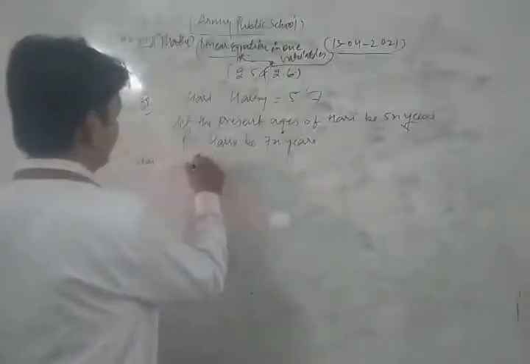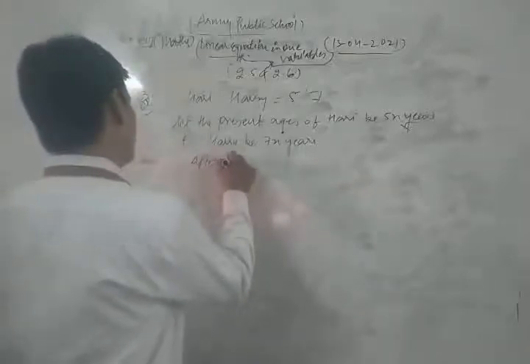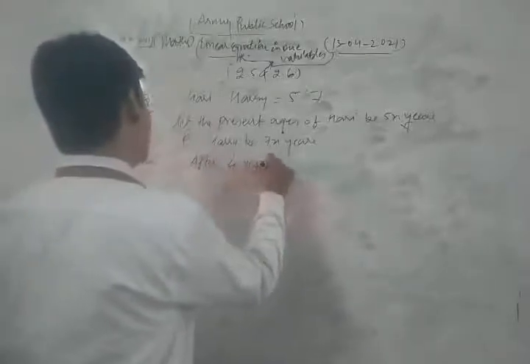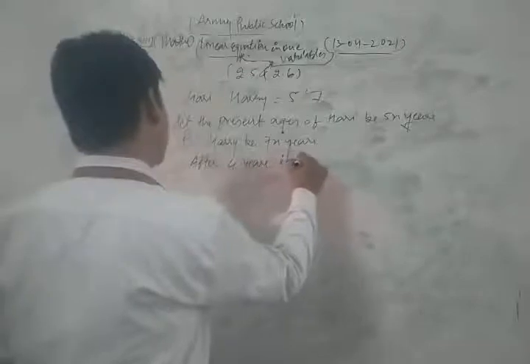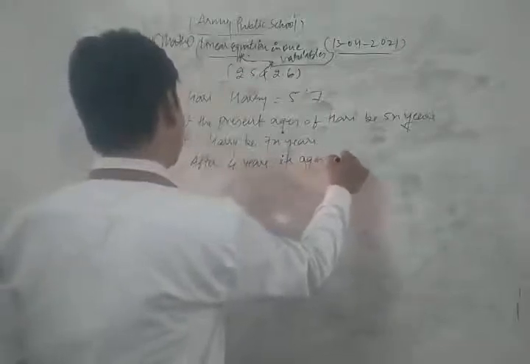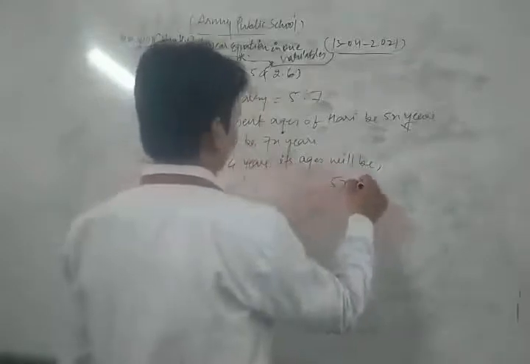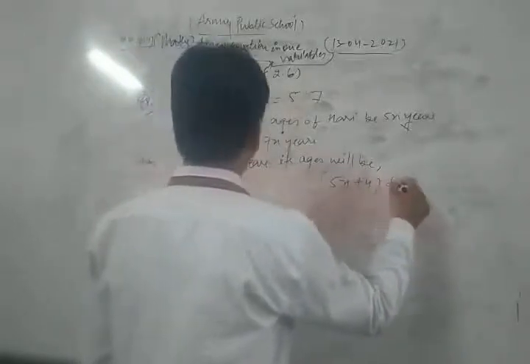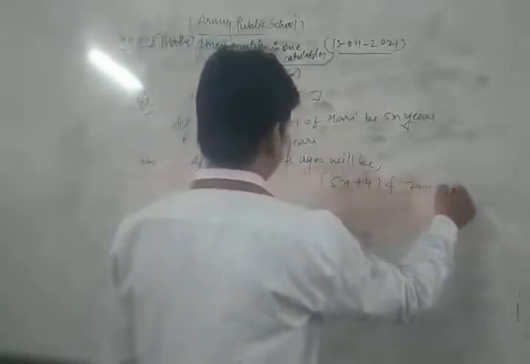Then after 4 years their ages will be what? 5x plus 4 and 7x plus 4 years respectively, and their ratio is given as 3:4.